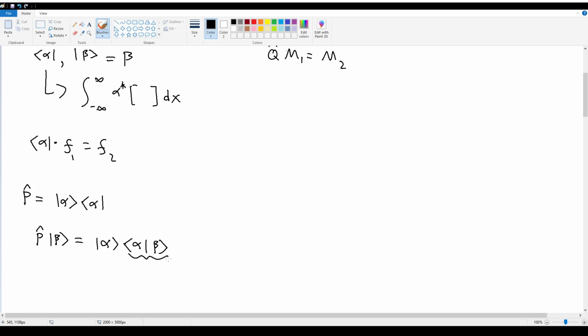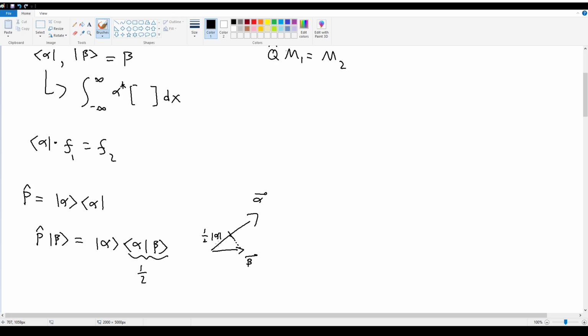Remember from way back then, we learned that the inner product is just a measure of how lined up two vectors are, right? If I have one vector alpha and I have some other vector beta, and let's say that beta lies halfway along alpha, and this is equal to 1/2 times the magnitude of alpha, what that means is that the inner product is going to give me just 1/2.